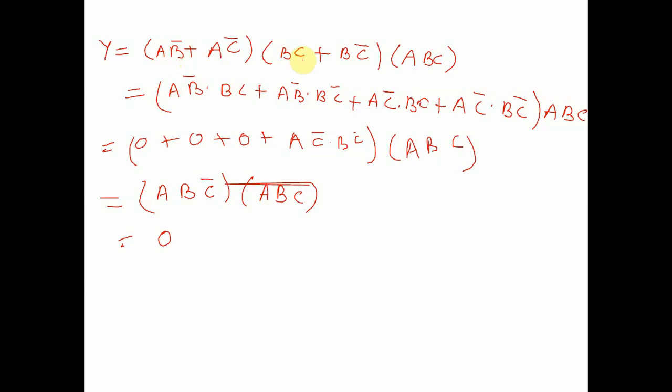Now AB bar multiplied with BC bar, so AB bar into BC bar. Then AC bar is multiplied with BC, and in the fourth term AC bar into BC bar, and the remaining ABC is as it is.